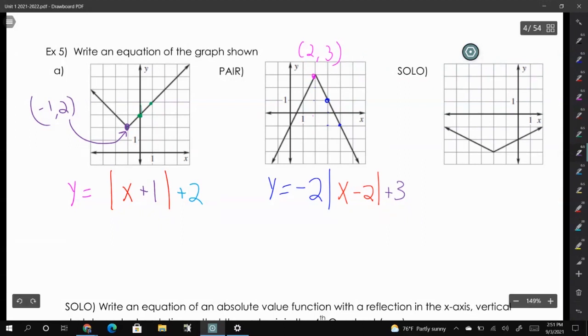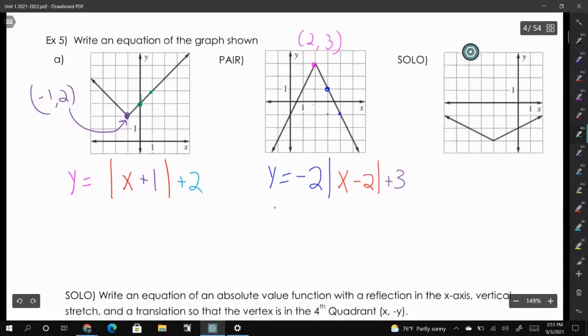The last one here, let's start with y equals. We see we're opened upwards, so the a value will still be positive. And our slope, we're going up 1 and right 2. So our slope is 1 over 2.